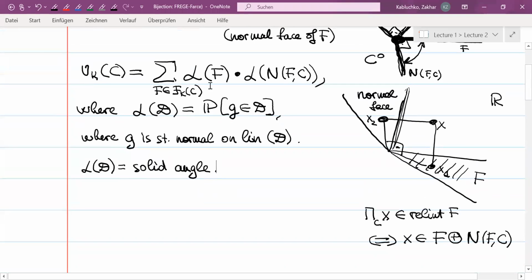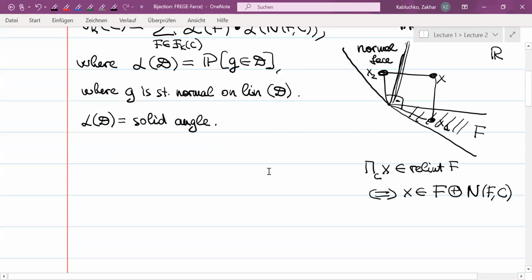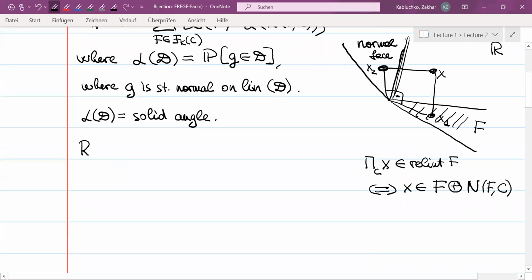So alpha of D is the solid angle, and we have here the products of such solid angles. And from this formula, we can derive several special cases. For example, let us assume that C is full dimensional.